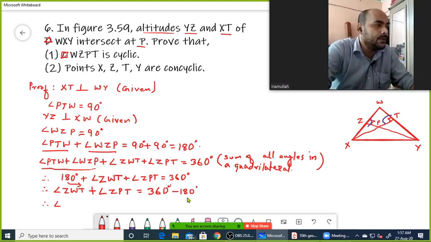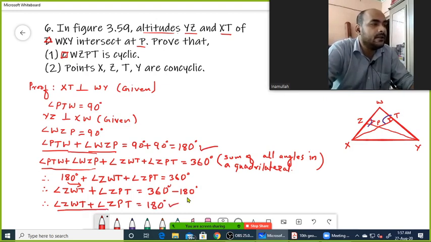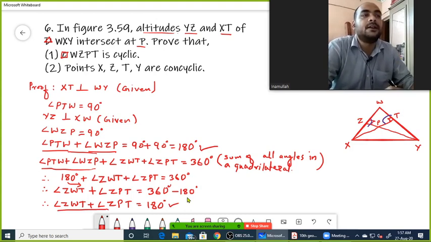So this way angle ZWT plus angle ZPT is again 180 degrees. So here the sum of these two angles is 180 and the sum of these two angles is also 180. And if you see, these pairs are opposite angles.